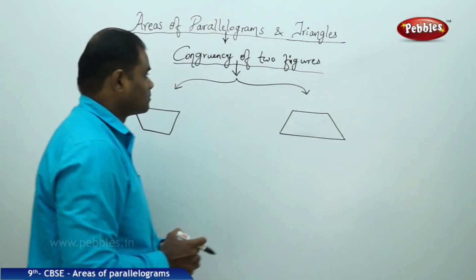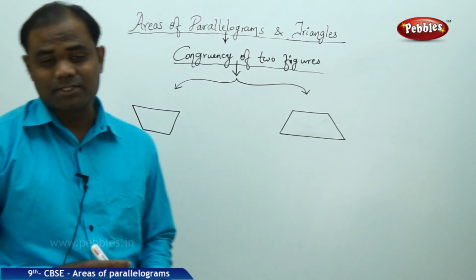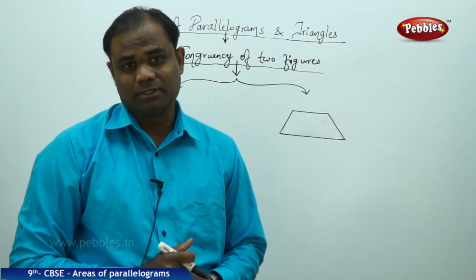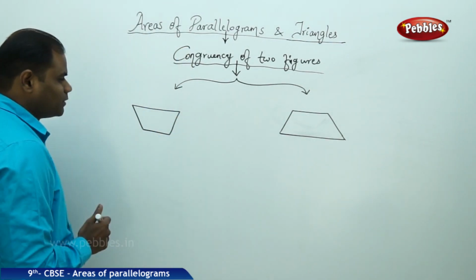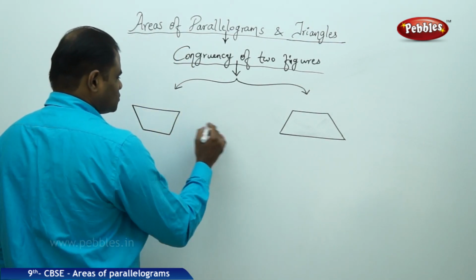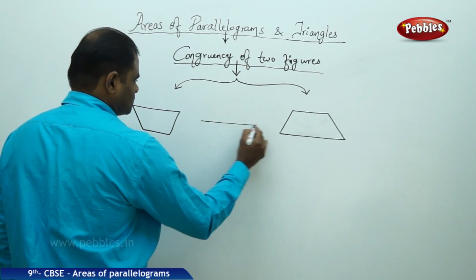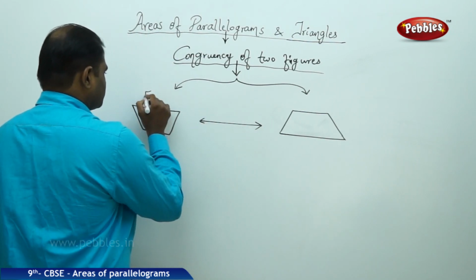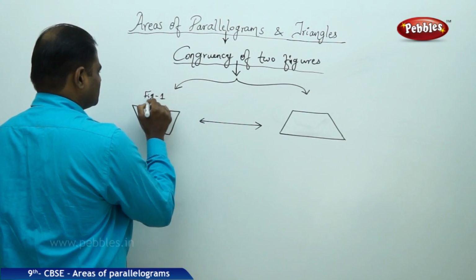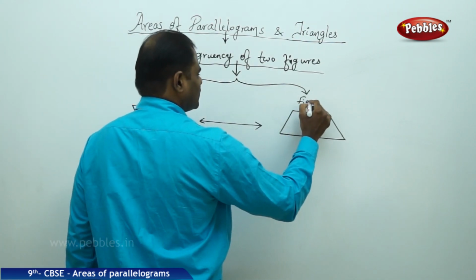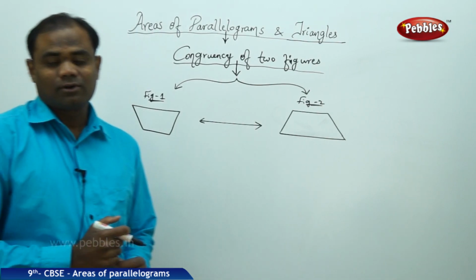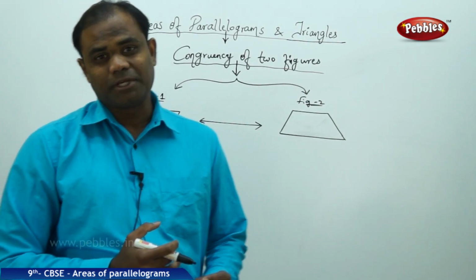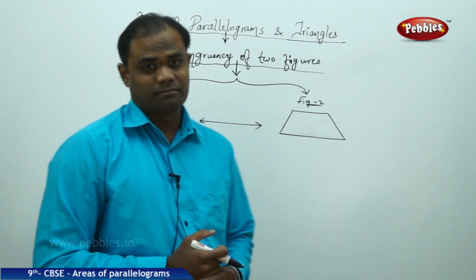Now the question comes on defining congruency of these two figures. What is congruency of these two figures? These two are said to be congruent. This is figure 1 and figure 2. Both the figures are said to be congruent if they have same shape and same size.